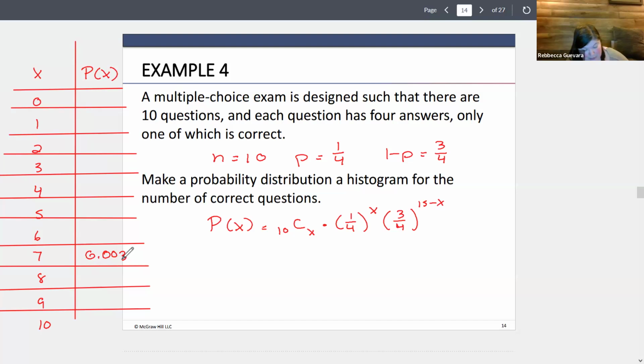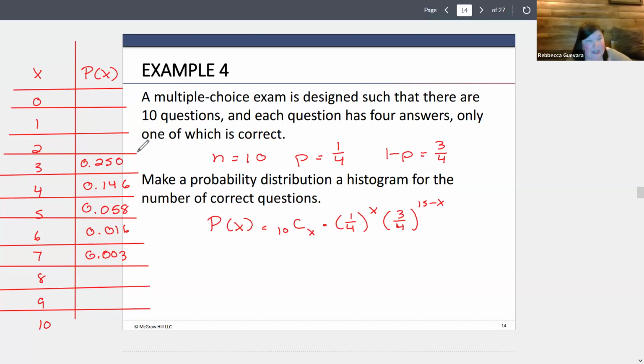So if I go back and do the other ones, 6 is going to be 0.016. If I do 5, that's actually 0.058. Okay, I thought this was looking wrong a while back. If we have 4, that is 0.146. We have 3 correct, that is 0.250.